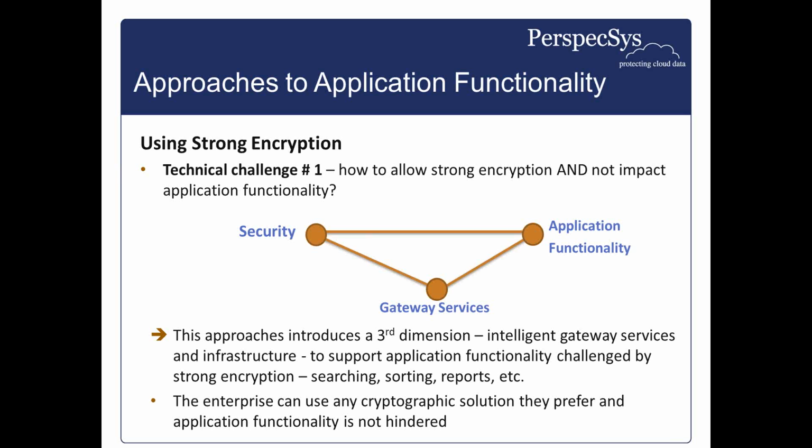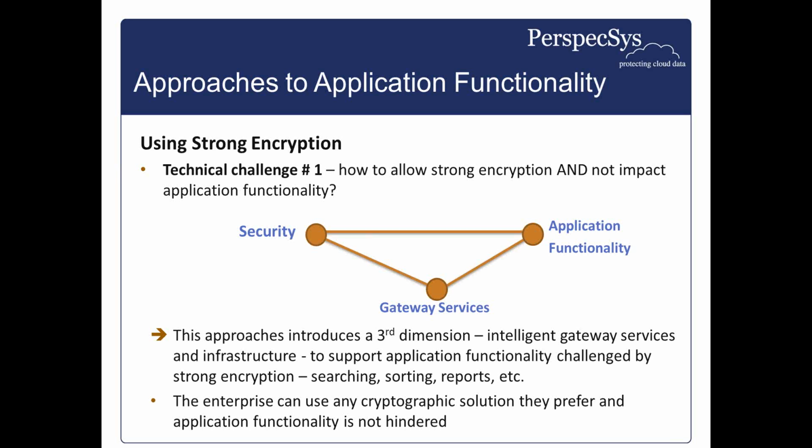The cloud encryption gateway provider would introduce new services that allow you to use whatever cryptographic solution you wanted. You may have existing relationships and expertise with a particular cryptographic provider, so you can use whatever security strength you need while preserving application functionality such as searching and sorting, etc.